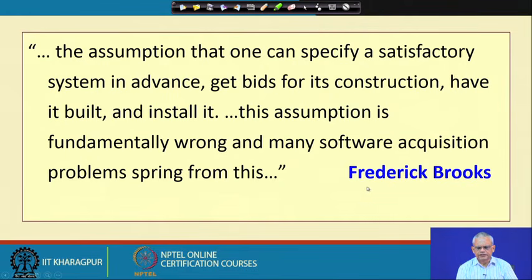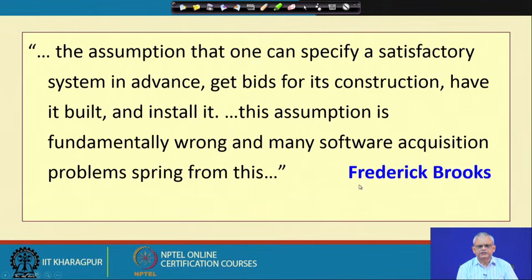Let us see what Frederick Brooks, a celebrated authority in this area, has to say. The assumption that one can specify a satisfactory system in advance, get bids for its construction, have it built and install it, this assumption is fundamentally wrong, and many software acquisition problems spring from this.